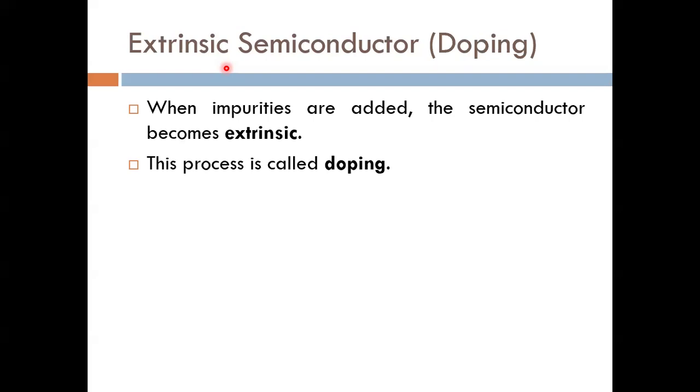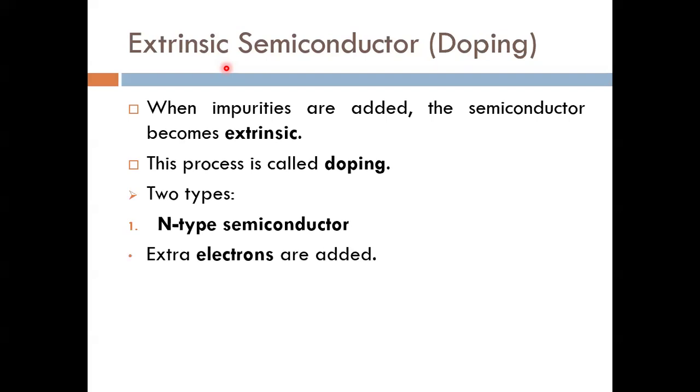As a result of doping, we get two types of materials now: n-type semiconductor, when there are extra number of electrons, we will see how electrons become extra or in excess.